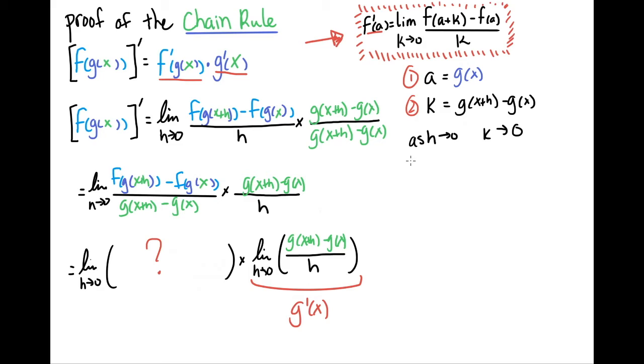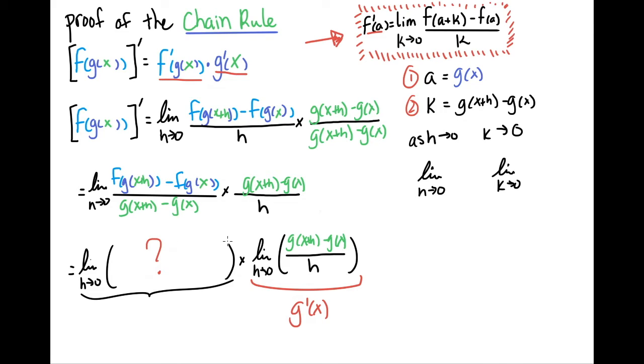So that's going to change our limit for this part right here. This is going to change how we look at our function. Instead of the limit as h goes to 0, we're going to have the limit as k goes to 0. And instead of a, we're going to have g of x.